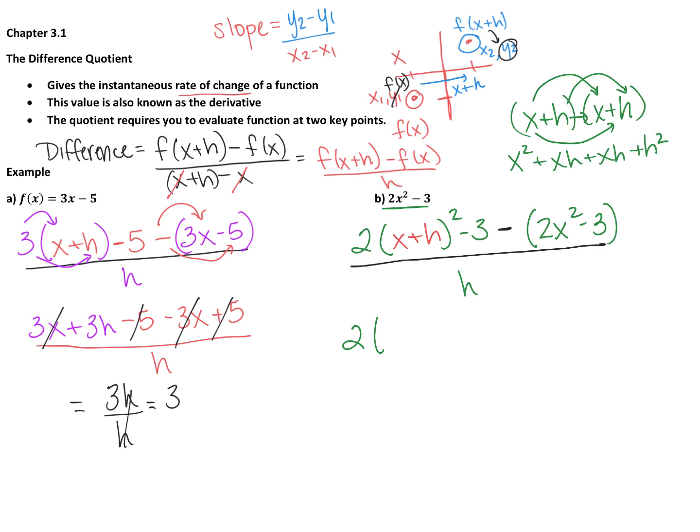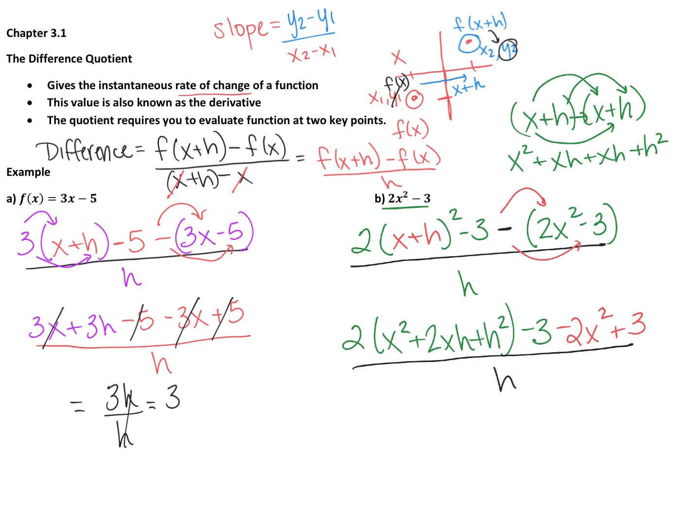So if you clean that up, here's what you get: x squared plus 2xh plus h squared minus 3. And then again, you're going to distribute this negative to both these signs here. So you're going to get a minus 2x squared plus a positive 3. And you're going to divide all this by h.